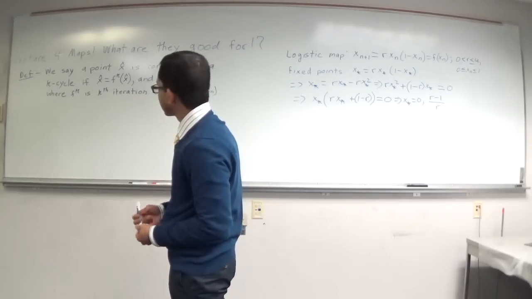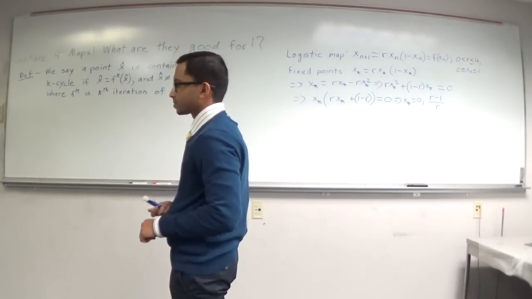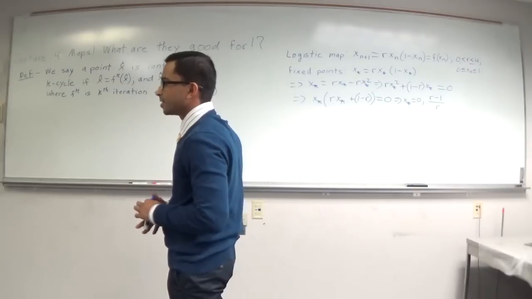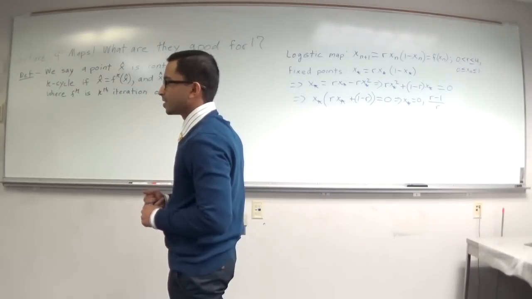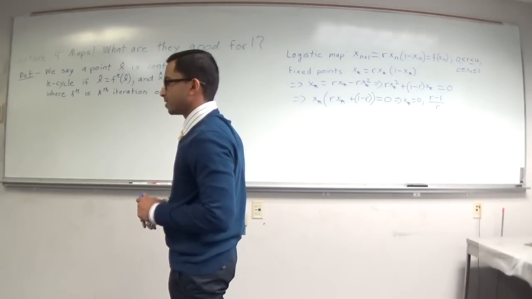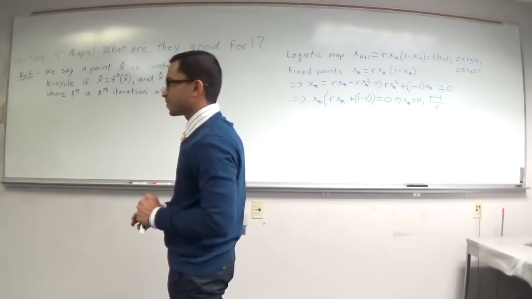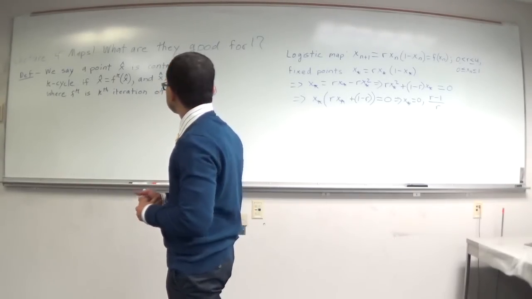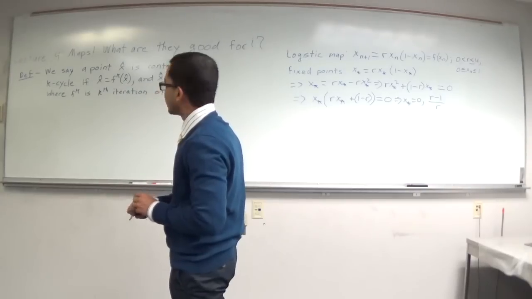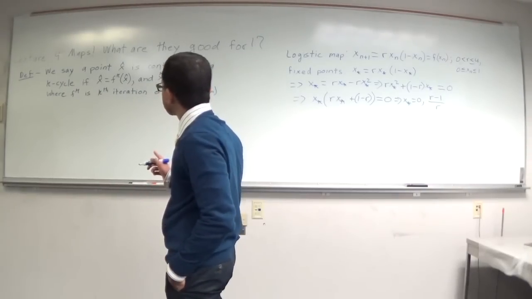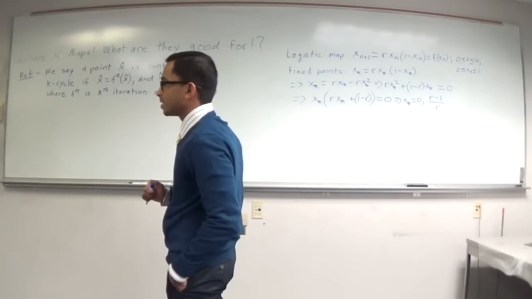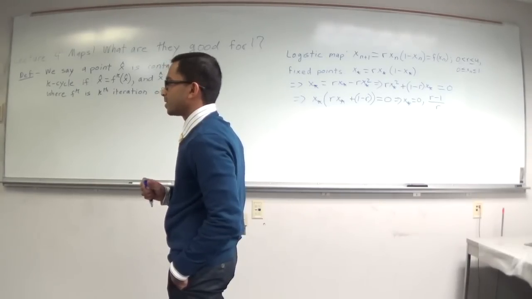For example, if you use that definition, a true 4 cycle could be comprised of 2 cycles. That's so true. What you need to have here is a caveat: a true k cycle is a fixed point for f^k, but not a fixed point for anything smaller than k.